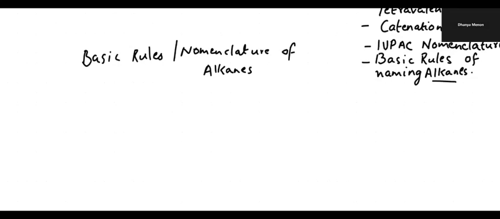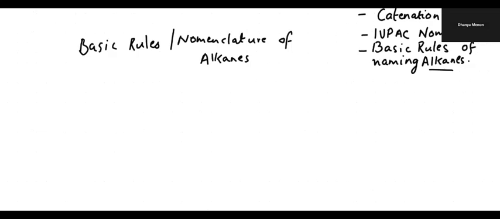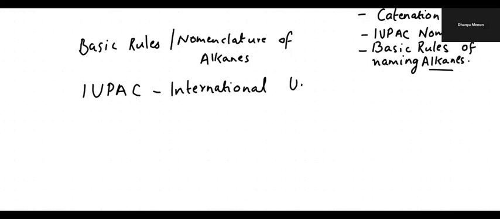Now, the nomenclature of different organic substances follows a rule which is called IUPAC. The full form of IUPAC is International Union of Pure and Applied Chemistry.